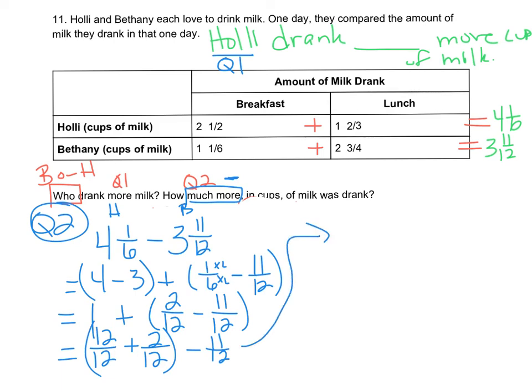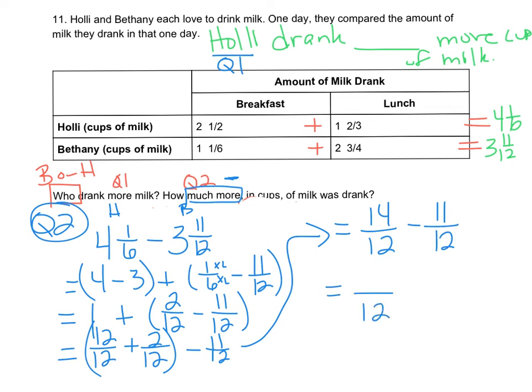Ran out of space. So 12/12 plus 2/12. So I know my denominator is 12. 12 plus 2 is 14. And I don't have a whole number anymore because it converted to the 12/12. Minus 11/12. So I know my denominator is going to be 12.